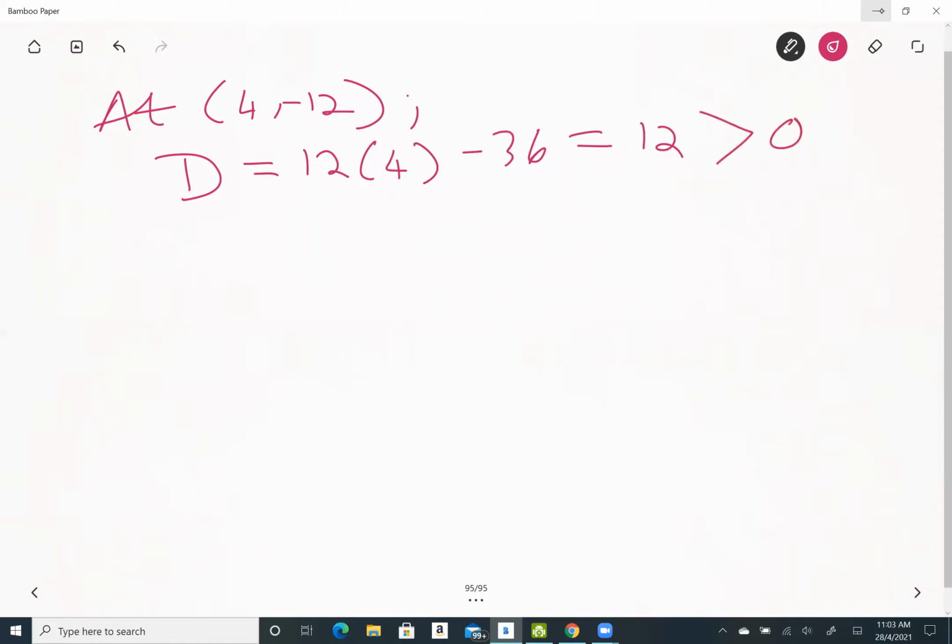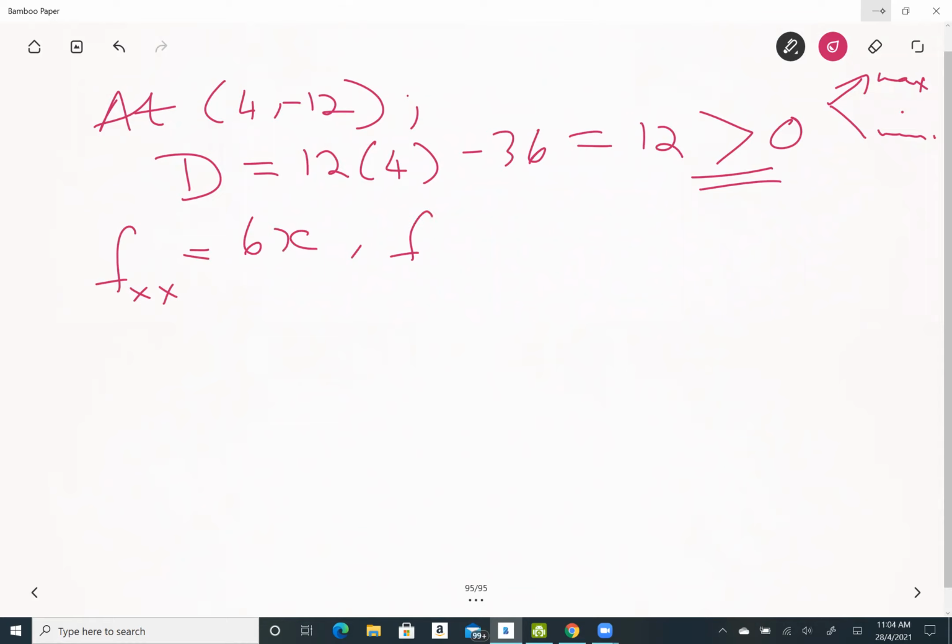And that is positive. So when you have a positive, then you have a maximum or you may have a minimum. That will depend on what? That will depend on fxx. Now fxx is equal to 6x. Now you have to find the fxx at that point.